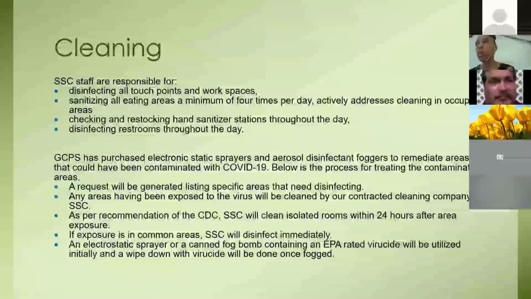We want to make sure that everyone stays well stocked with what you need to keep everyone safe. We do have electronic static sprayers that will disinfect and foggers that will disinfect contaminated areas, and listed below is the process that we will follow.